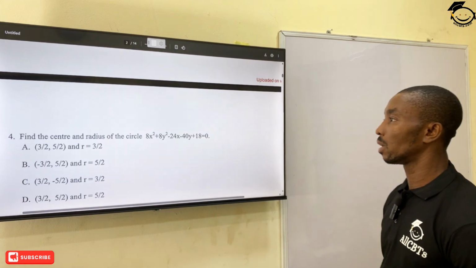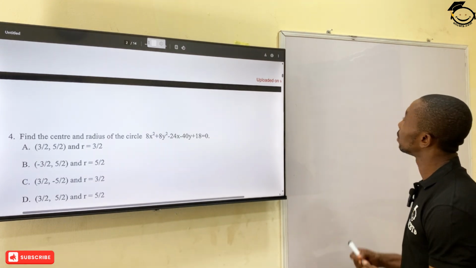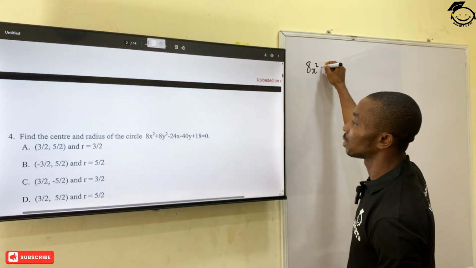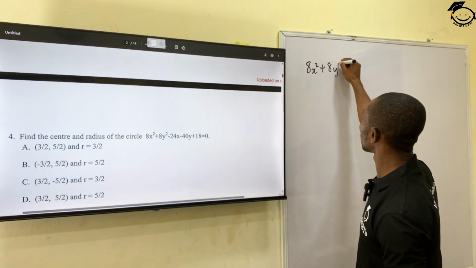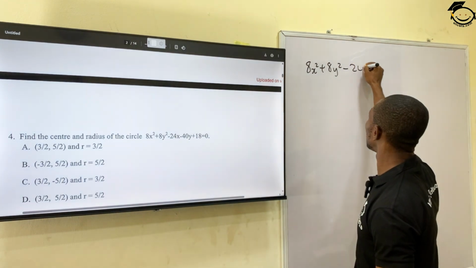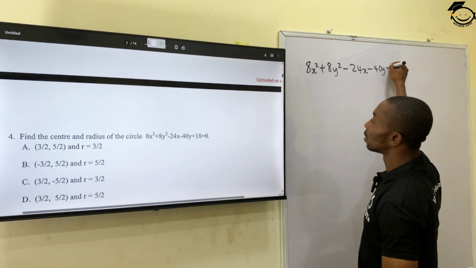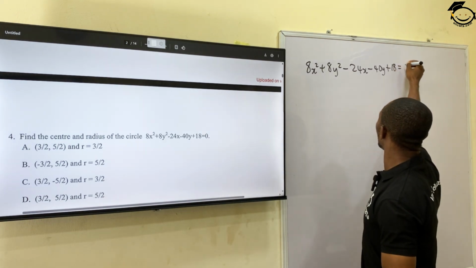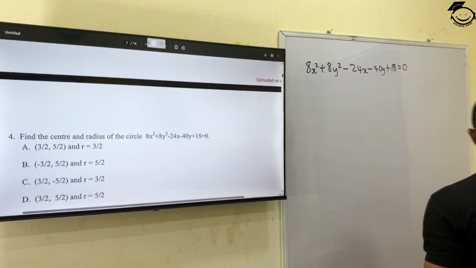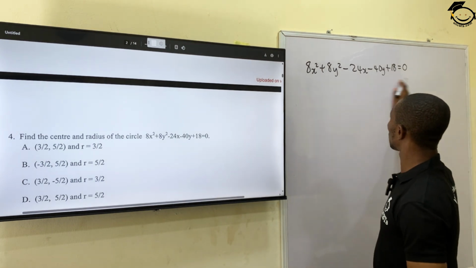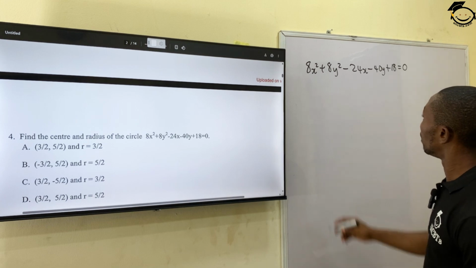Find the center and radius of the circle 8x squared plus 8y squared minus 24x minus 40y plus 18 equals 0. All right, in doing this, we'll first of all divide this equation by 8.